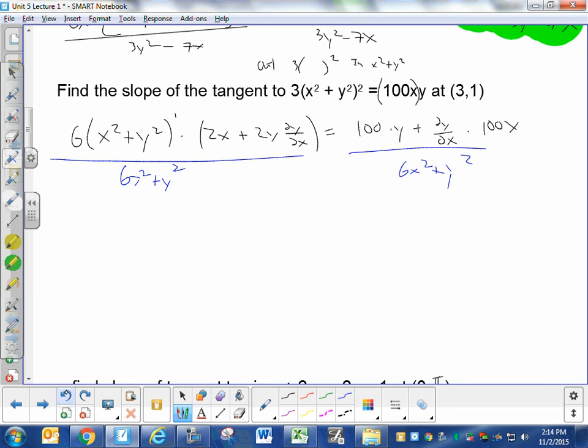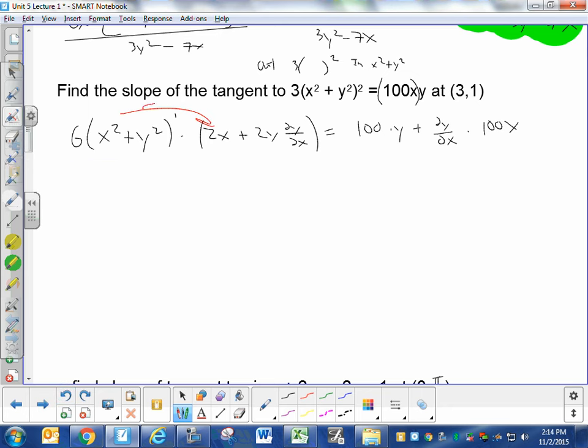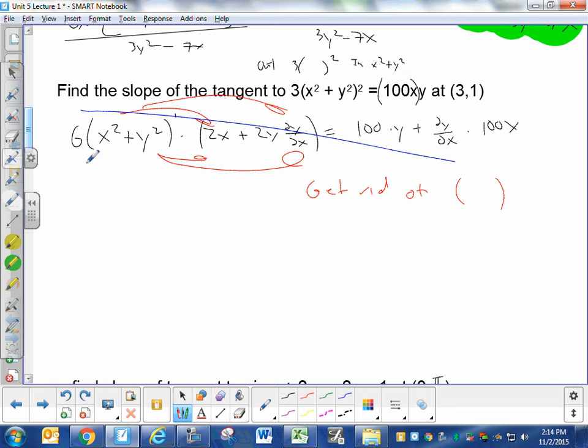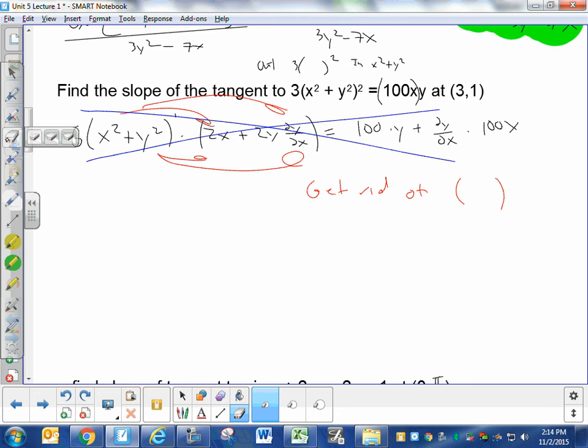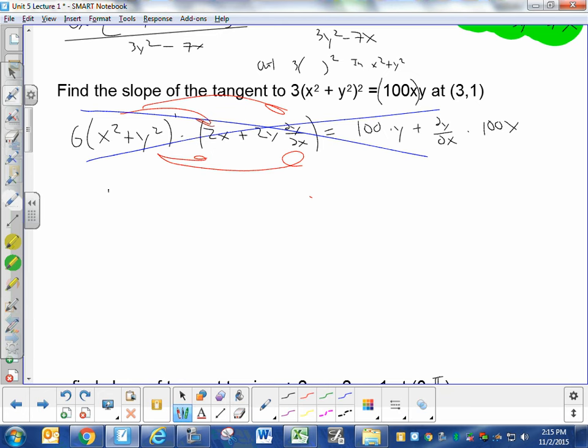What you would have to do, and you could do this if you wanted to, is distribute everything and get rid of the parentheses. Which looks nasty, right? Well, you could, instead of distributing now, just have simplified the original. Try not to use a chain rule.